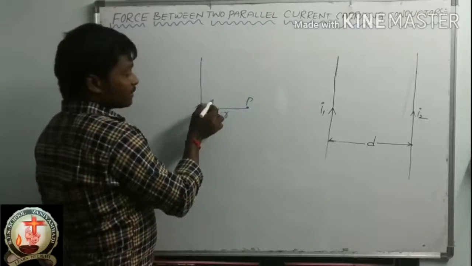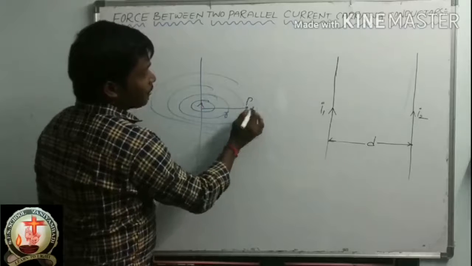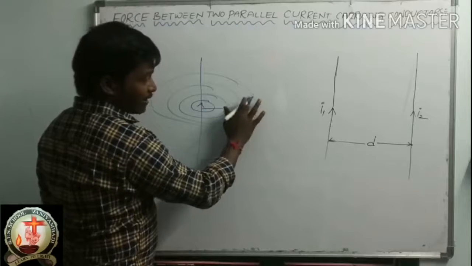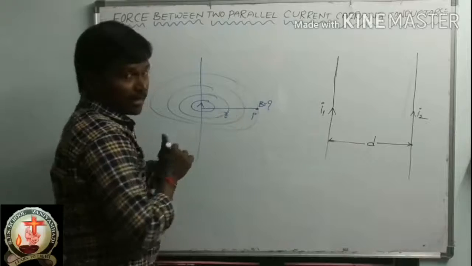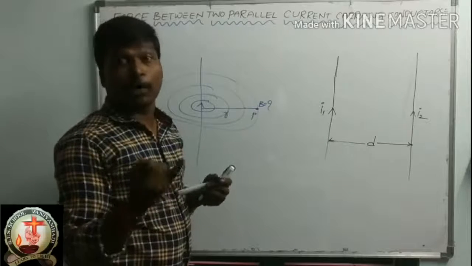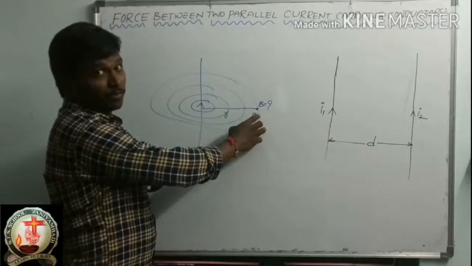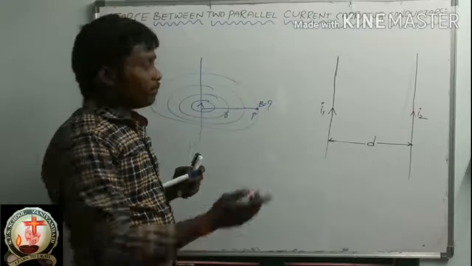At a particular point P, I have to find the magnetic field value. Already we did so many cases. By the use of Biot-Savart law, we found the magnetic field at point P, and by the use of Ampere's circuital law, we found the B expression.